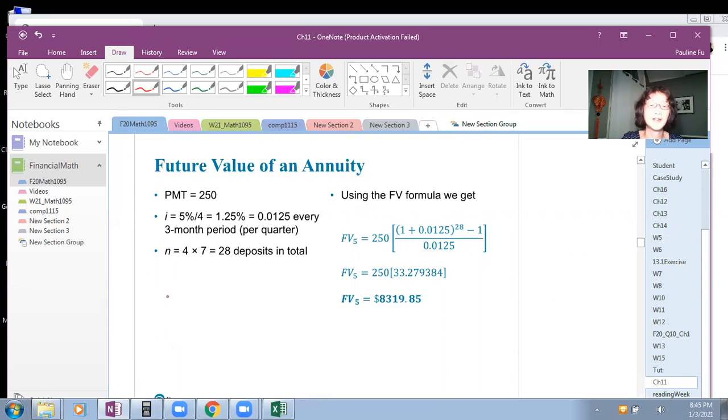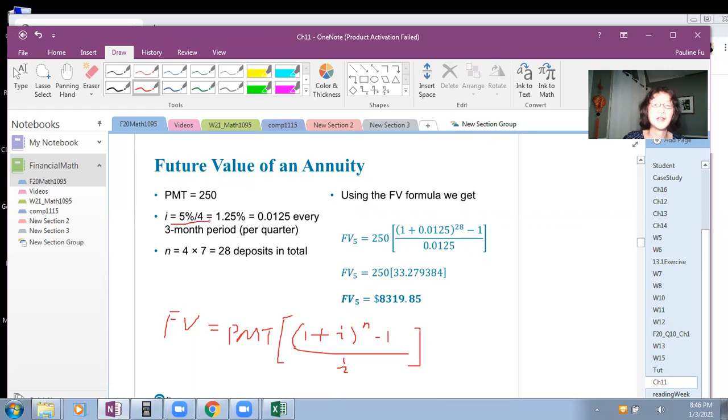The formula says FV equals PMT times bracket 1 plus I raised to the power n minus 1, over I. Okay.